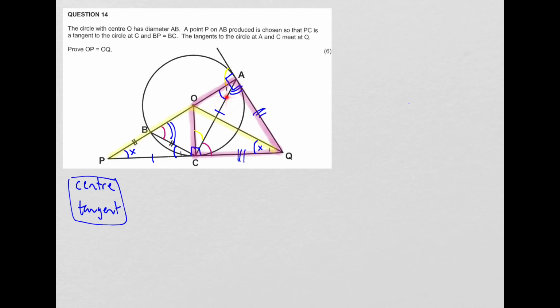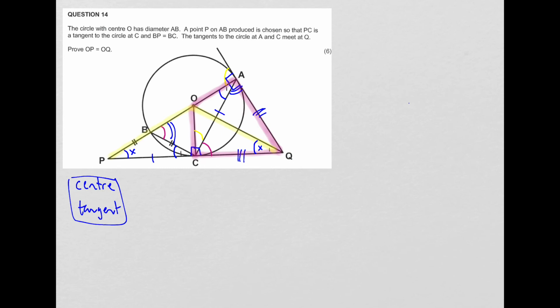Then we're going to say, but hang on, A1 equals C1 because of tan chord theorem. See how we're going back to the theorems all the time? And C1 equals P because of our isosceles triangle, BP is given that it's equal to BC. And then we've already shown that P is equal to Q1, therefore OP is equal to OQ, and the reason is angles opposite equal sides. Or if you say isosceles triangle, it really doesn't matter.